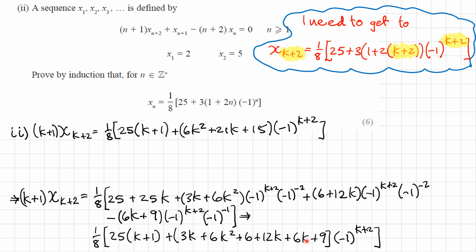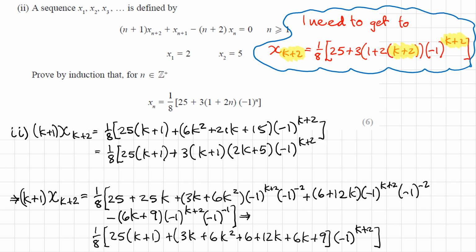I just realised I forgot the negative 1 to the power k plus 2, so I've put that back in here. And then what we have is that this factorizes, and actually what it factorizes to is 3 times k plus 1 times 2k plus 5, and then we've got negative 1 to the power k plus 2.